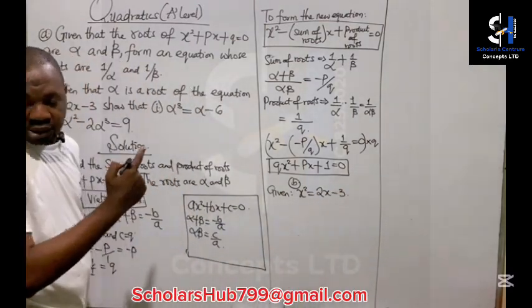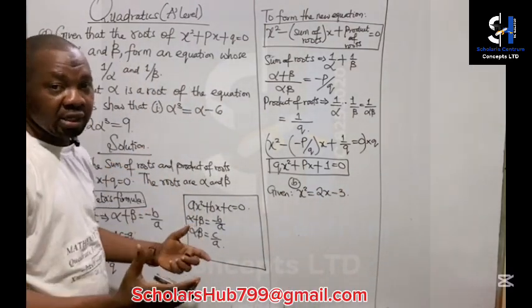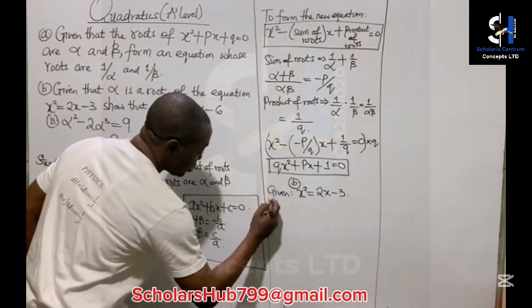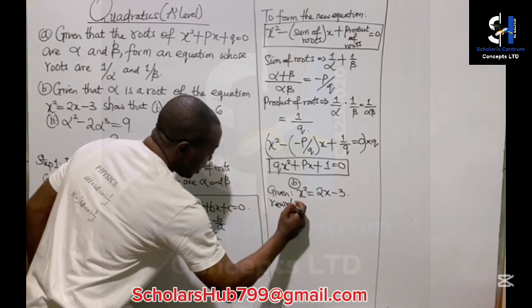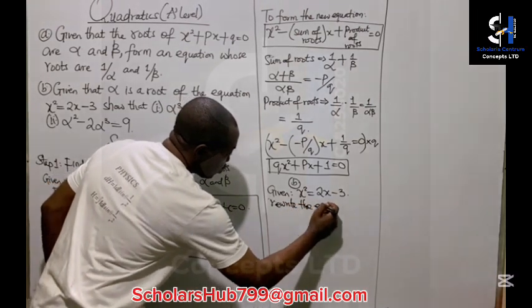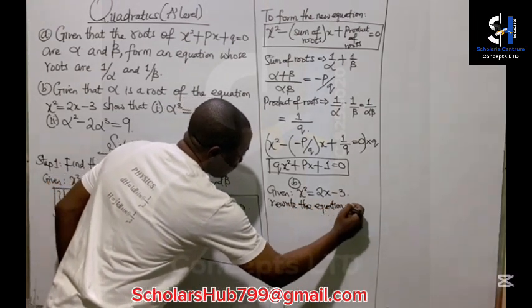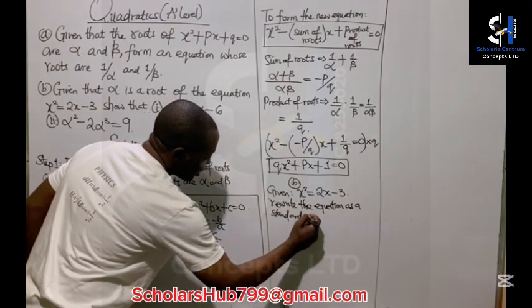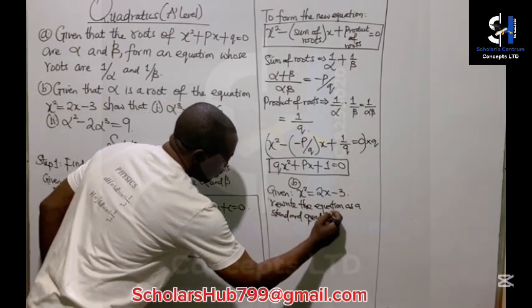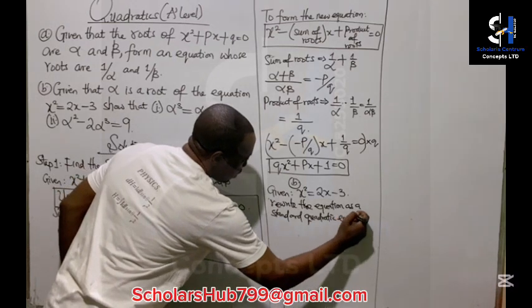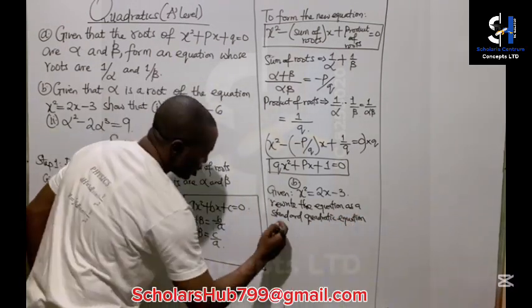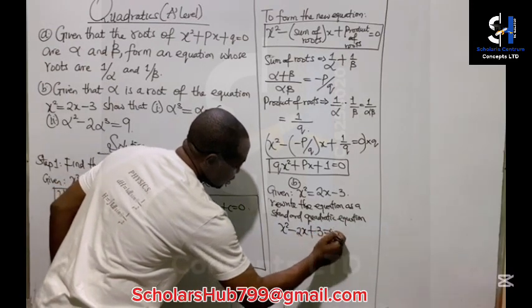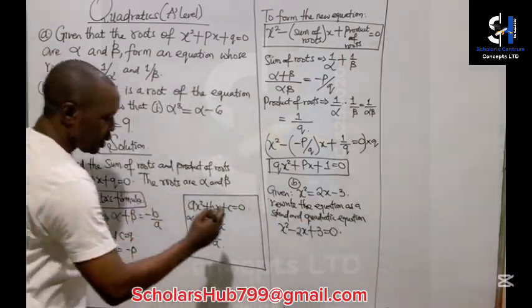Now we can rewrite this equation as a standard quadratic equation. So we have x squared minus 2x plus 3 equals 0.